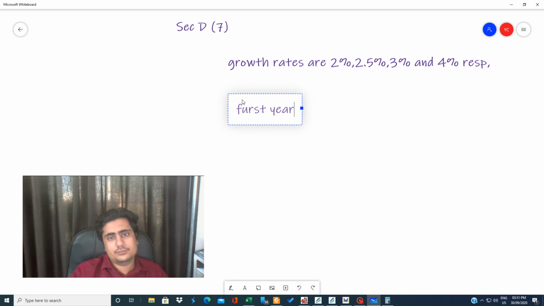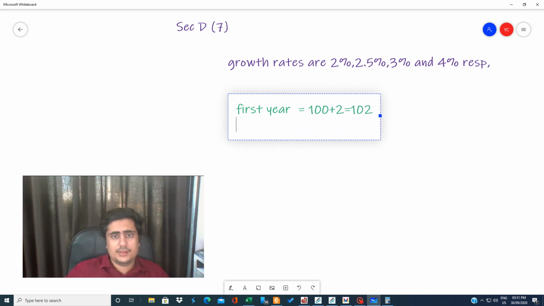In first year, see this is growth, so it is increment. In first year, it is 100 plus 2, that is 102.